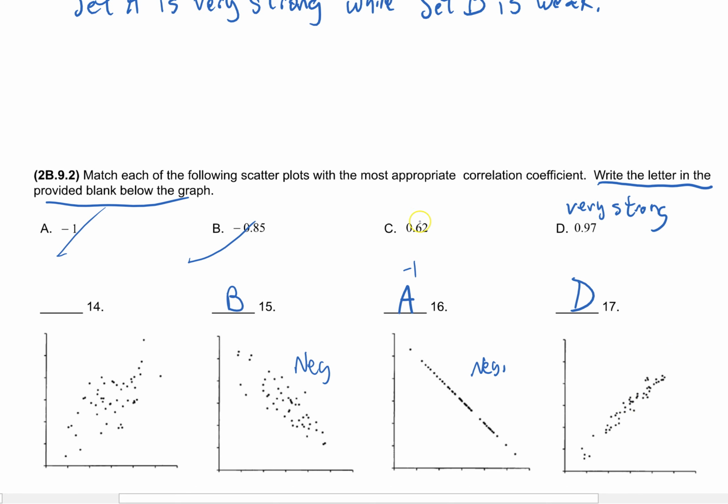By way of comparison, 0.62 right here is almost getting to the point where we're weak. It's moderately strong, but we're getting way closer to that midway point. So we still see positive correlation, but it's nowhere near the shape of a line that we have elsewhere.